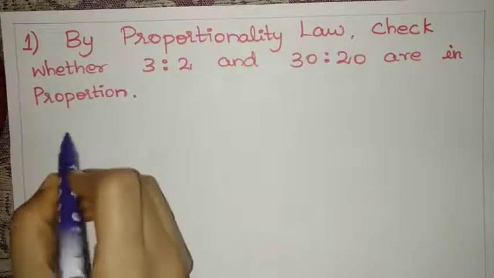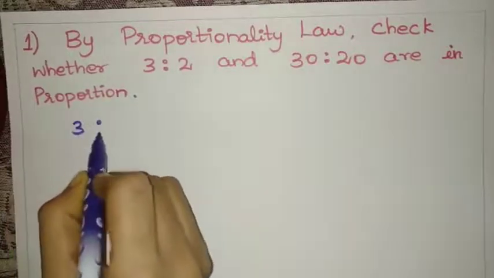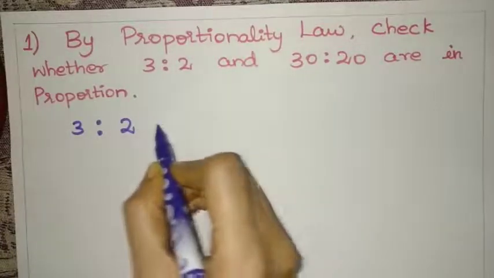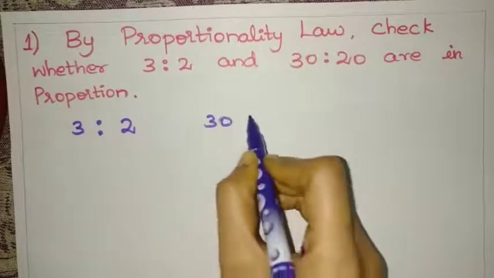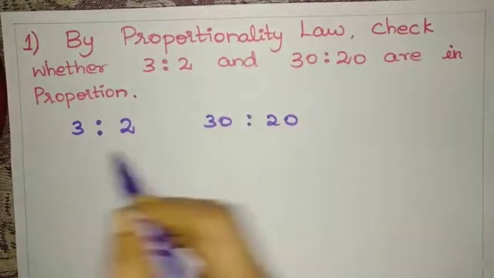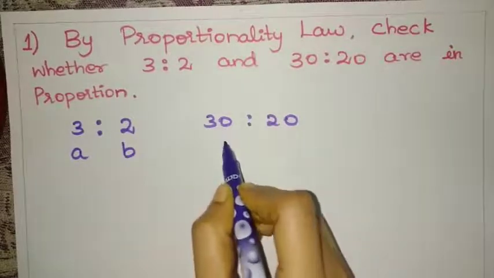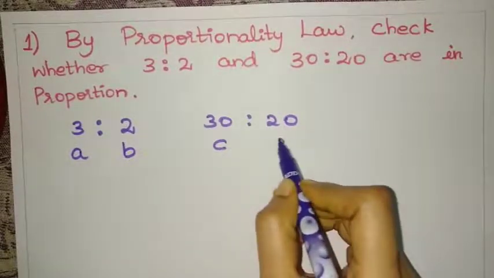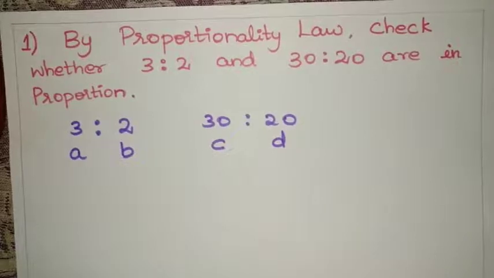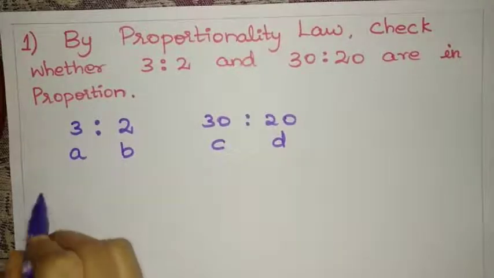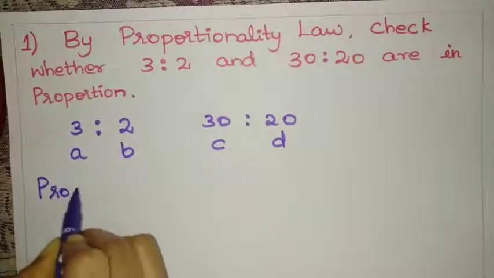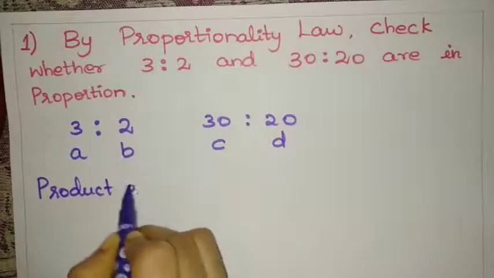First write the ratios. 3 is to 2 and 30 is to 20, where 3 is A and 2 is B, 30 is C and 20 is D. So we have to find product of the extremes and product of the means.